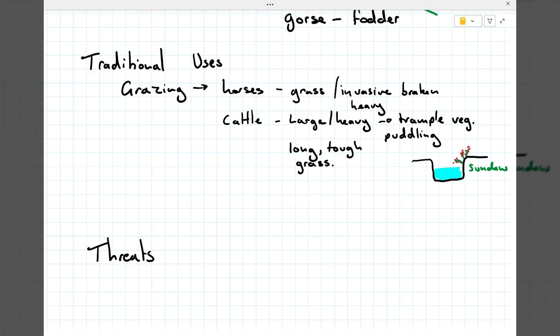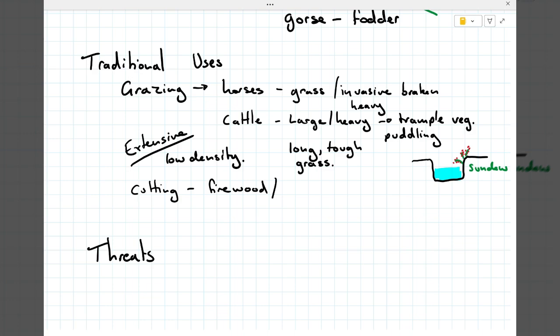But this was extensive grazing, which means low density. So you didn't have too many cattle in one place at any one time. The cutting for things like firewood, bedding for livestock, things like the bracken.